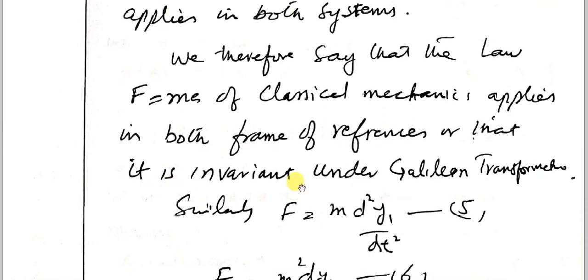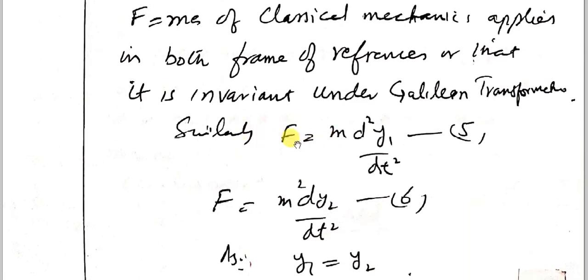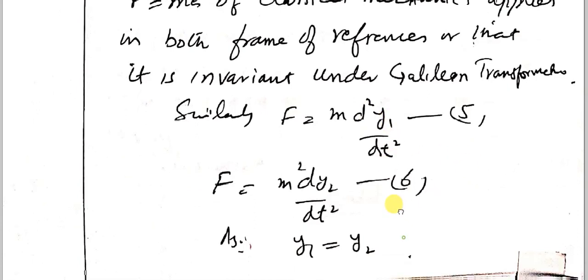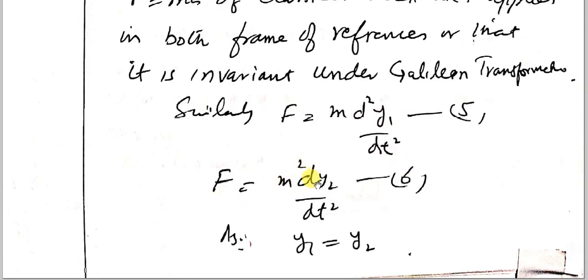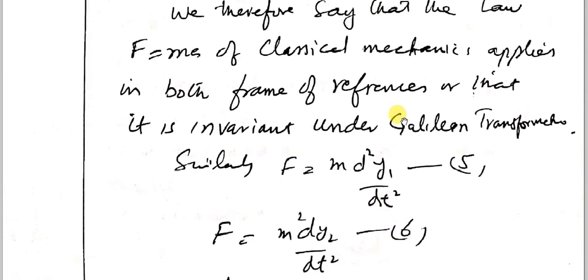Similarly, we can show that F is equal to m d2y1 by dt square, and F is equal to m d2y2 by dt square, as y1 is equal to y2. So with this we reach the end of the topic. Thank you.